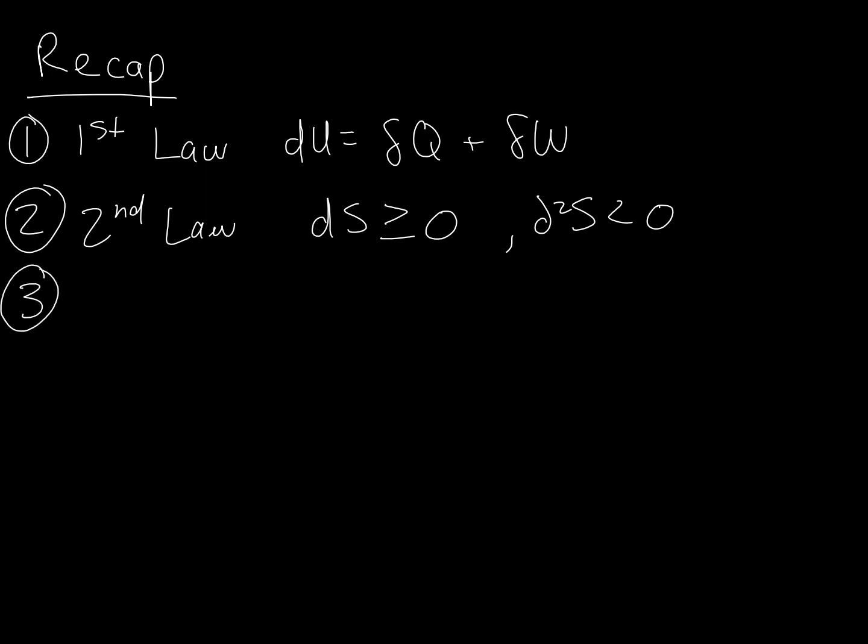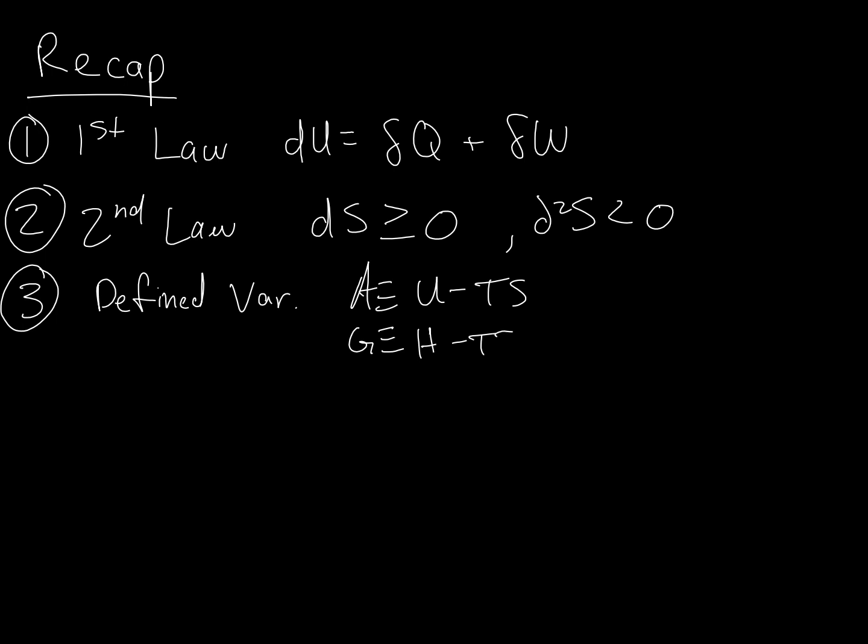Third, we defined some new variables. Namely, A is defined as U minus TS, G is defined as H minus TS, and H is defined as U plus PV. These are just convenience units. And soon, maybe today, but most likely on Monday, we're going to add this F variable.